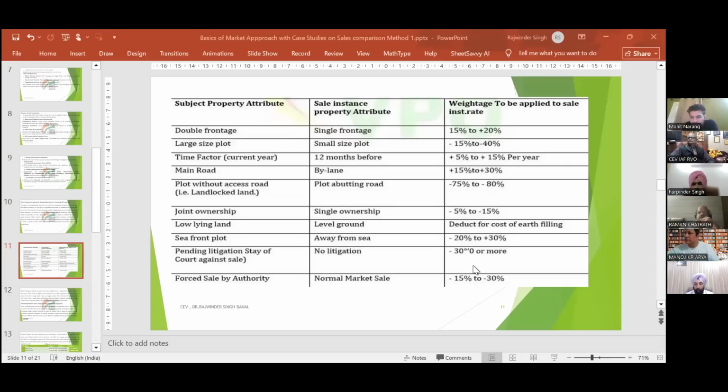This is where your expertise will come into play. See the huge difference, 15 to 20%. Whether it should be 15, 20, or 25, who will tell you?